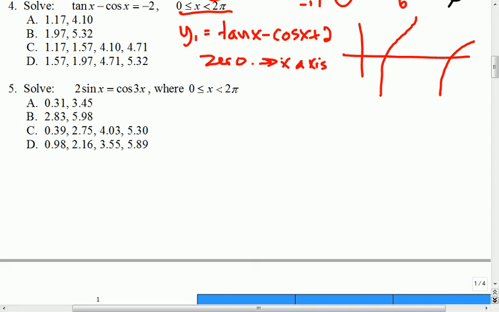If I use the zero method on this one, it looks like B is the answer according to my graphing calculator. The other thing, of course, I can see that there's 2 solutions in this picture. So just by looking at my graphing calculator, I could eliminate these choices that say there's 4 solutions. My picture shows 2.